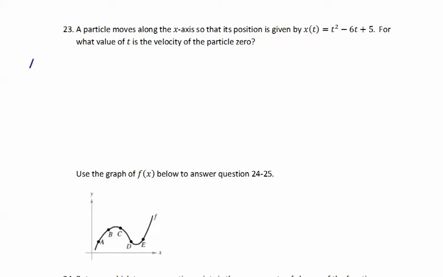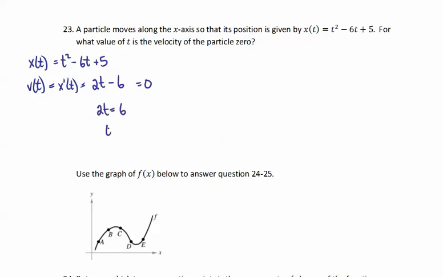So we have x of t is t squared minus 6t plus 5. Velocity is the derivative of the position function, so it's just 2t minus 6, and that's equal to 0 when 2t equals 6, or t is equal to 3.